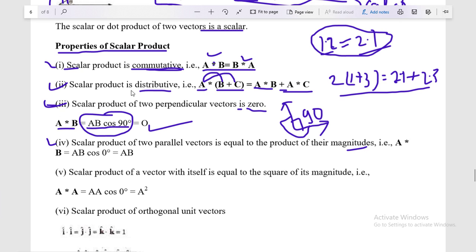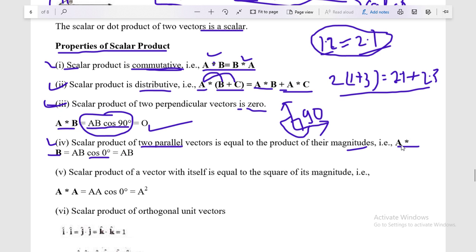So you can see here a dot b is equal to magnitude of A into magnitude of B into cos 0. This is by definition because these two are parallel, so the angle between A and B is 0. So you can take theta as 0. So cos 0 is equal to 1. So A dot B is equal to AB.